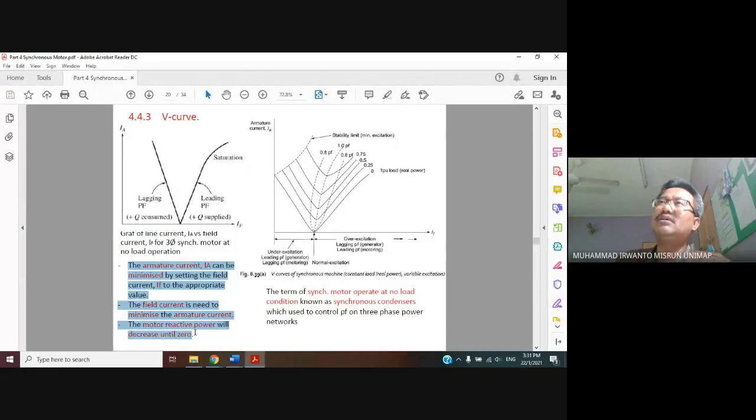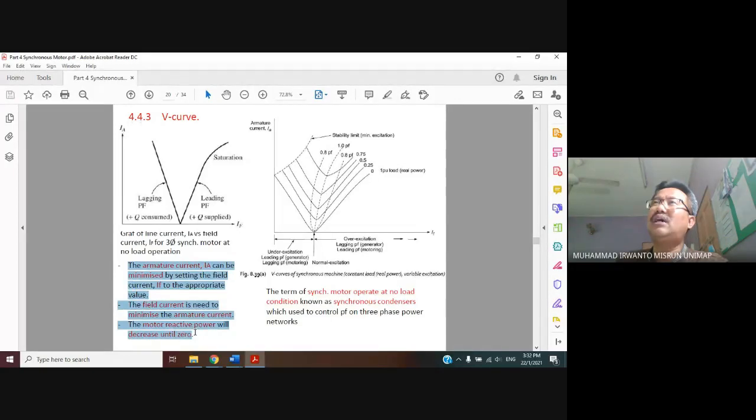Remember, Q is given, for the Y connection, by square root of 3 VL IL.